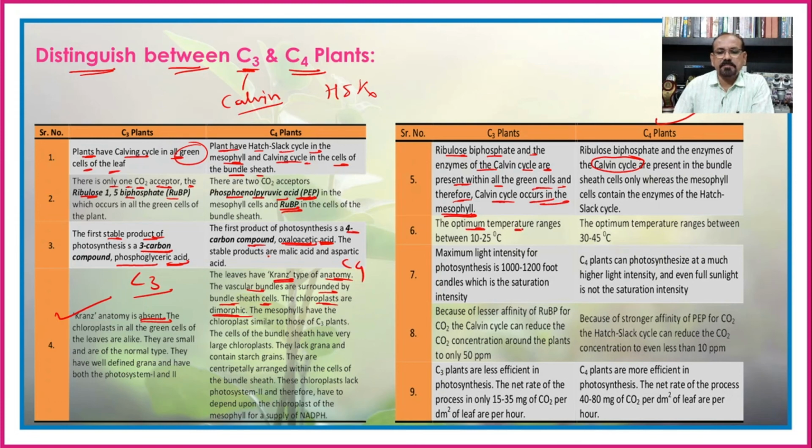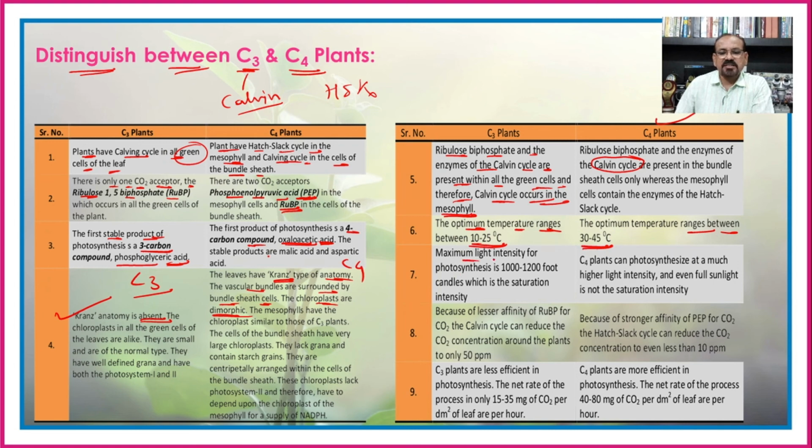The optimum temperature ranges from 10 to 25 degrees Celsius, and the optimum temperature ranges between 30 to 45 degrees Celsius in the C4 plants. Hence, we can say that the C4 plants are more adapted to higher temperature as compared to the C3 plants.